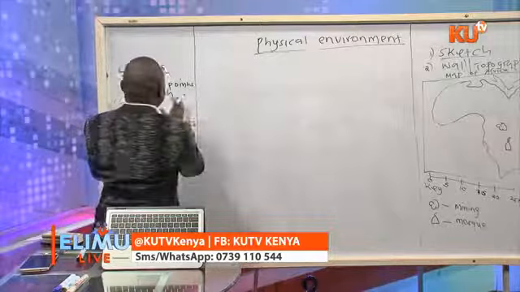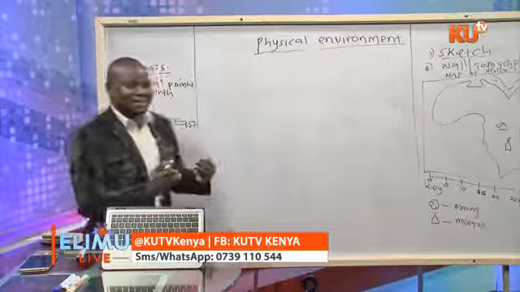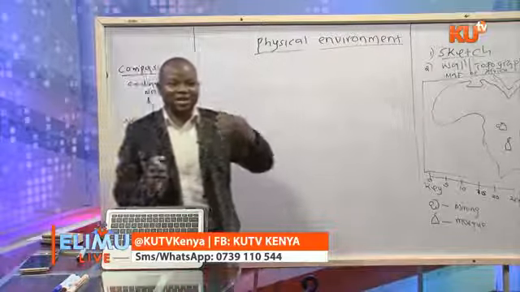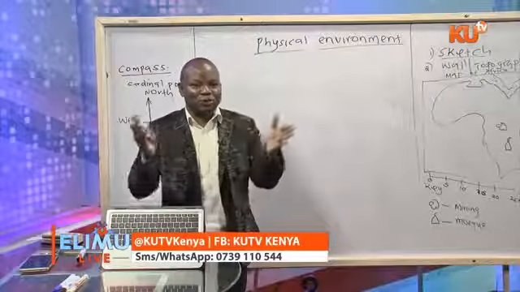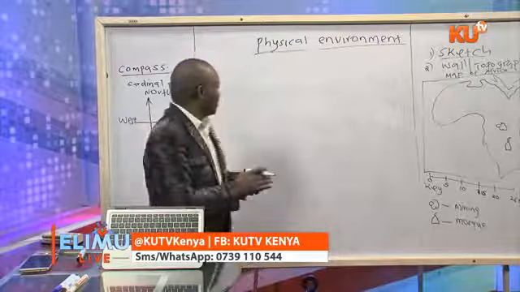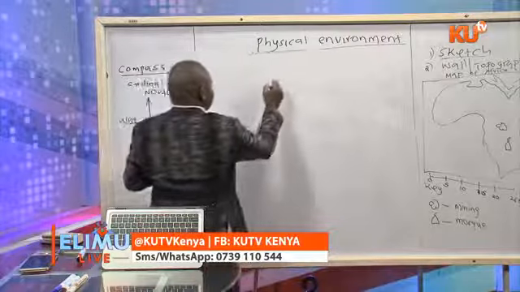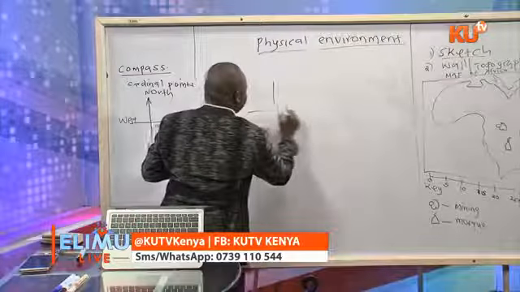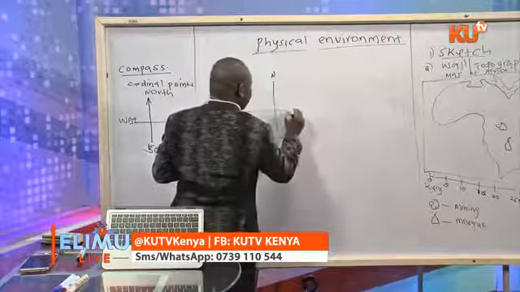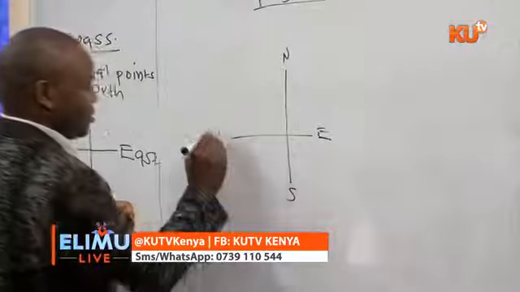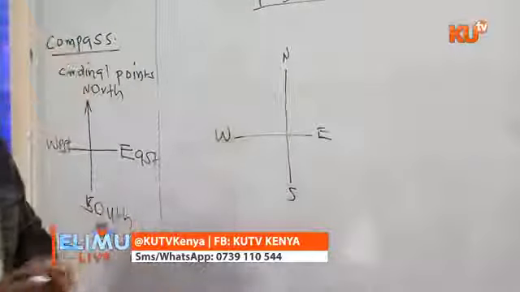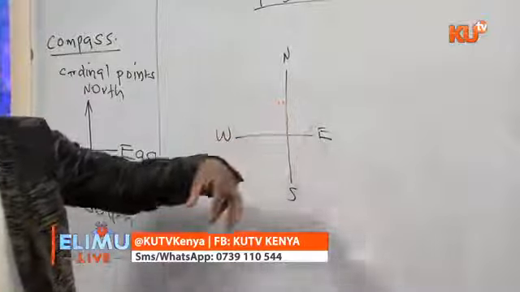So these points will always make us identify at which direction we are trying to point, or where we are going. So this, the northern part, let me draw it here. This point will make us to know.